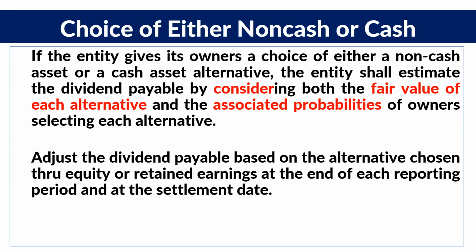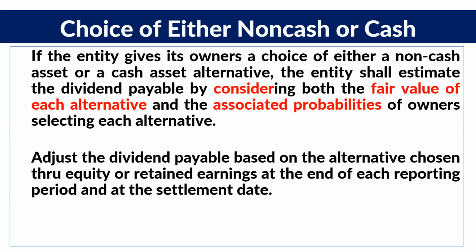What you have to do is adjust the dividends payable based on the alternative chosen. This is at the date of settlement, and then through equity or retained earnings at the end of this reporting period and at the settlement date.